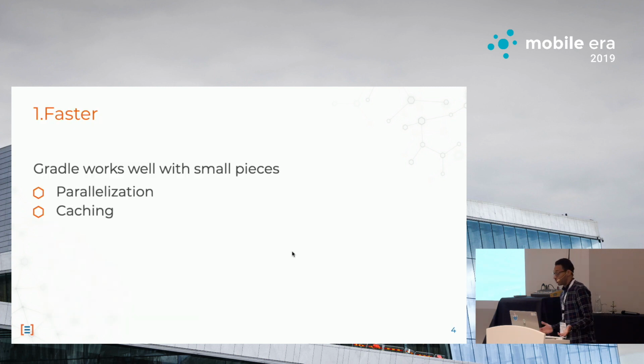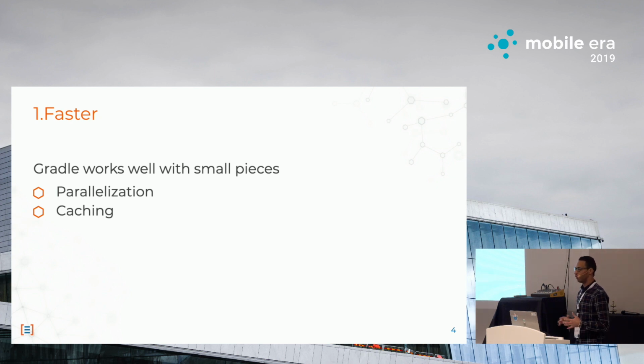So the first reason to use modular architecture is that it speeds up our builds. Gradle works perfectly with small pieces. With a modular architecture, we find a lot of modules. Gradle increases the number of tasks, but thanks to parallelization, it can run all the tasks in parallel and in small time.